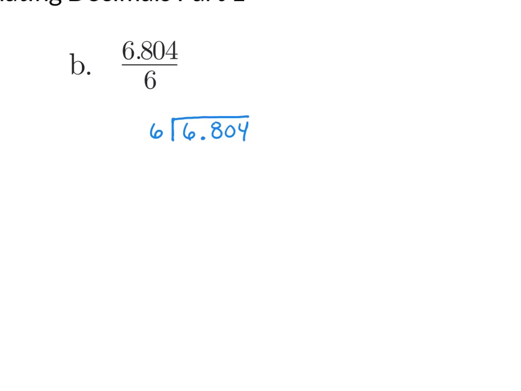It is 6. 6 divided by 6 is 1. 1 times 6 is 6. Subtract, we get 0. We bring down the 8. 6 goes into 8 one time. 1 times 6 is 6. Subtract, we get 2.